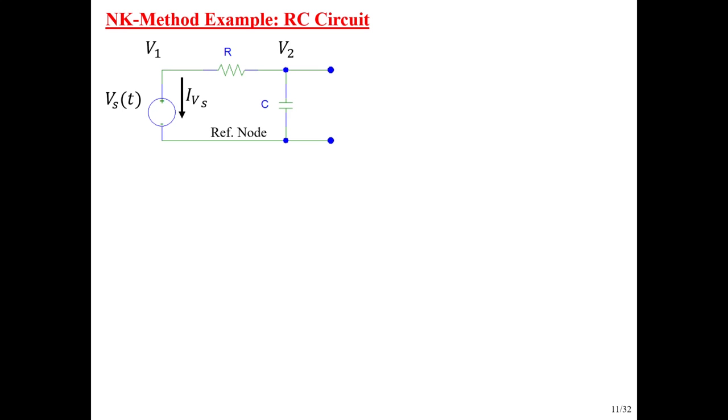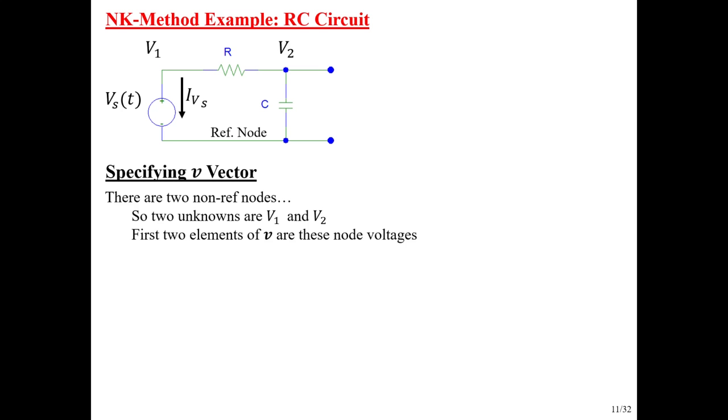So there is our circuit, and now we need to follow the rules in this table to populate our MNA equation. So we need to figure out what's in V, what's in G, what's in M1, what's in M2, what's in X, what's in U. Those are the things that we need to figure out.